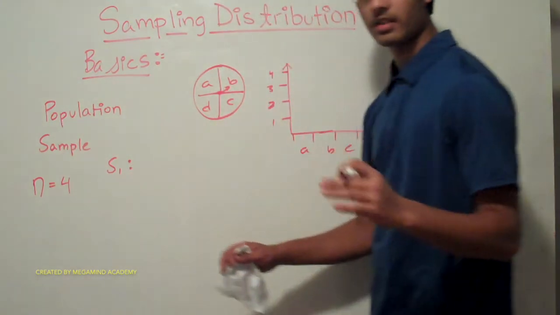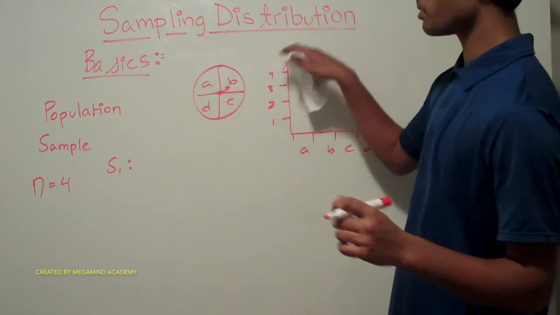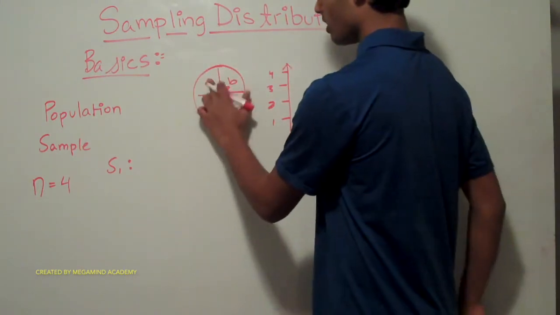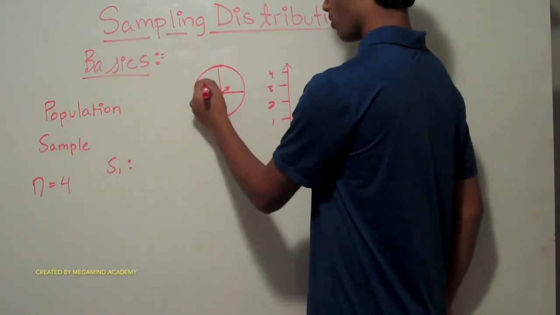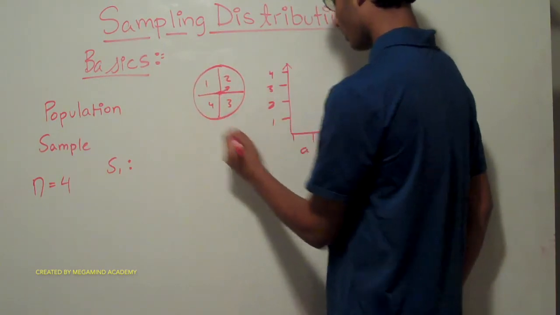Oh yes, the other thing is, when you have a sampling distribution, you have to have numbers as your values. So let's say instead of A, B, C, or D, it's 1, 2, 3, or 4.